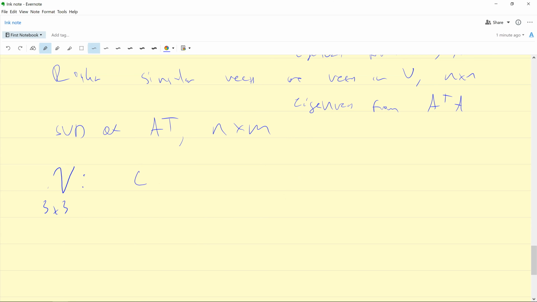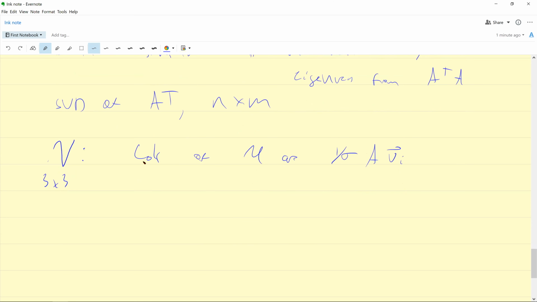The columns of U are 1 over sigma times A times v_i, that's how it was originally, but now we have something flipped. Okay, yeah. So we have our vectors in R2, and we want our vectors in R3, right?